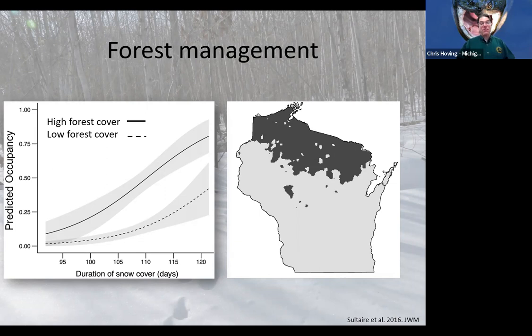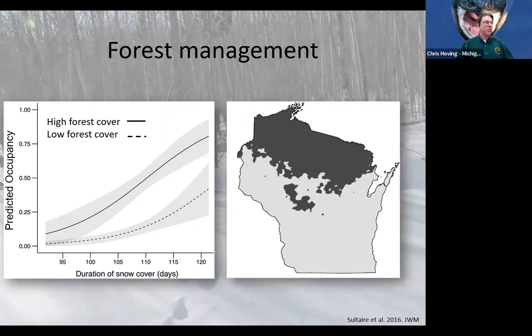So that would suggest that efforts like planting trees at a landscape level, something you might be doing for carbon sequestration, or doing more work to create young forest in these areas where snowshoe hares have a better chance to hide from predators, can have an effect in slowing the range shift, or give these species a little bit of refuge further south than they would be otherwise. So that's a potential management approach.